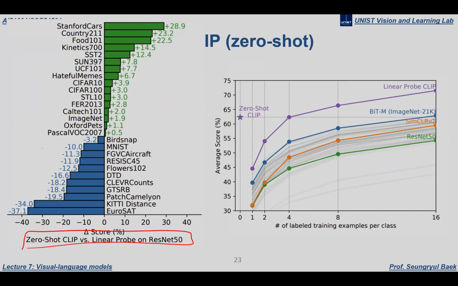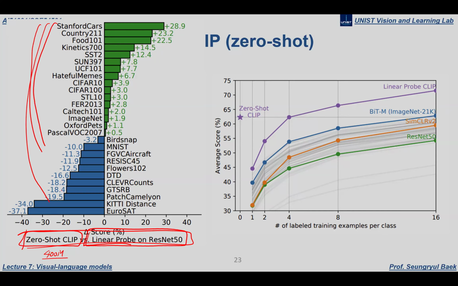So for some of the datasets, this is zero shot CLIP, meaning using CLIP as is. I already said that CLIP is trained with 400 million image and text pairs, and it is applied to some image classification benchmarks in a zero shot manner.